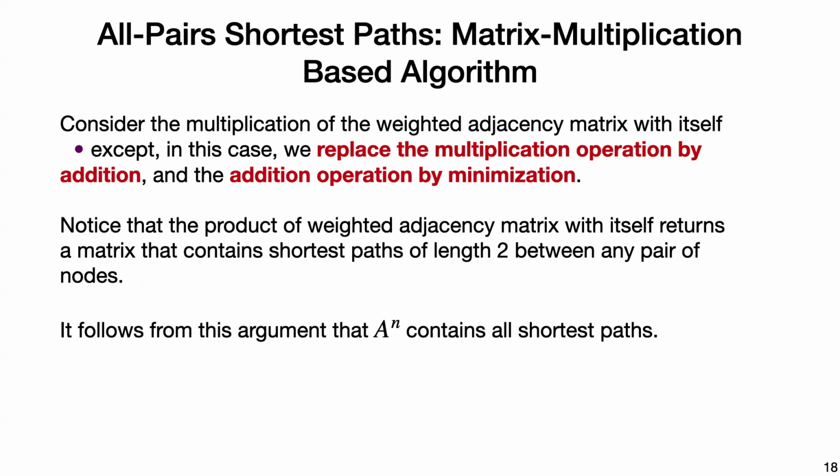Because this is matrix squaring and this is the adjacency matrix, if you take the min over k, that's the min over all the possible intermediate vertices of two-hop paths between i and j. All good?